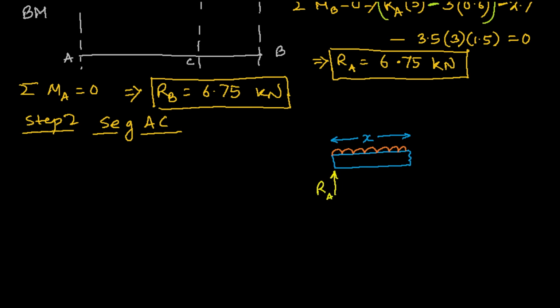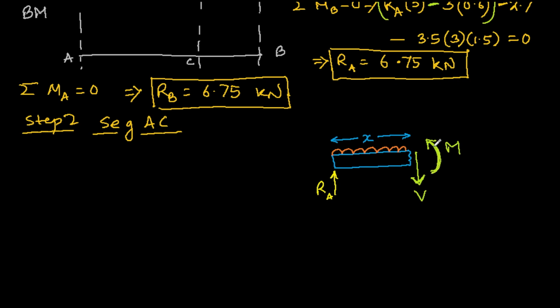We know the conventions: positive V is shown here, and similarly positive M is shown here, because we have kept the left side of the beam and thrown away the right side. So this is the positive convention.